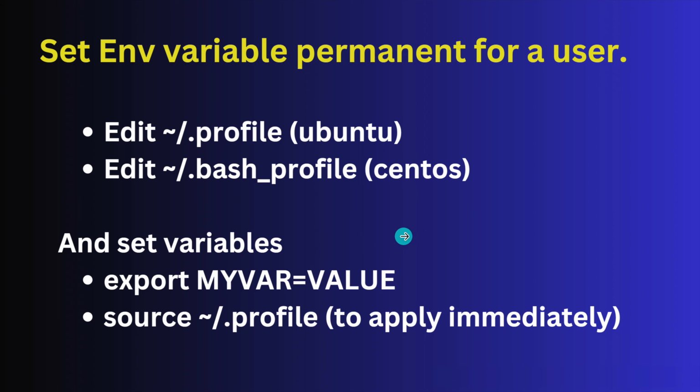For this, we will set the environment variable inside the file named .profile in case of Ubuntu, or .bash_profile in case of Fedora, CentOS or Red Hat. Both files are hidden files and start with a dot. You just need to edit these files and add your entries for your environment variables in this format: export variable equal to value.